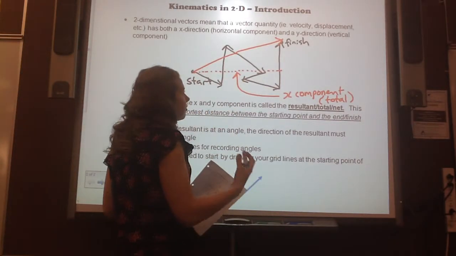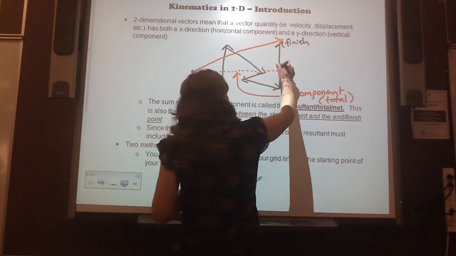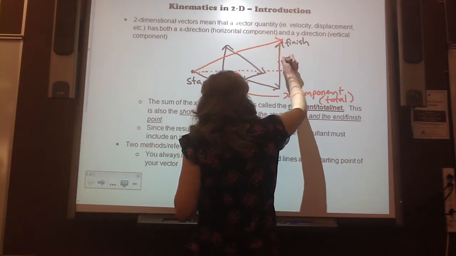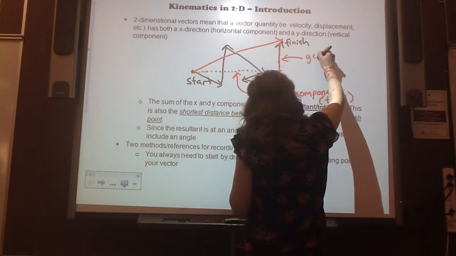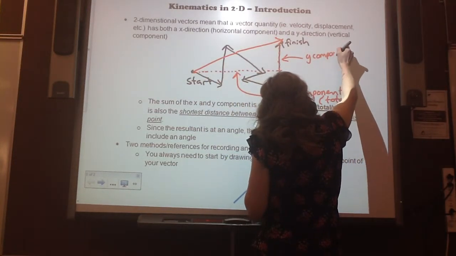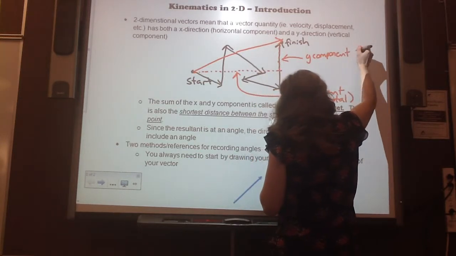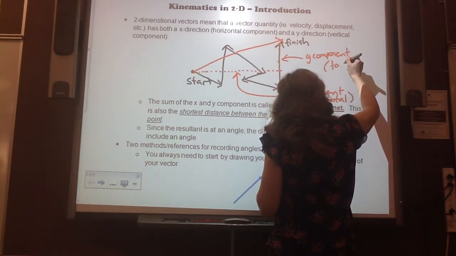And then we do the same for how far north you went. So the dotted line going up is my y component. Again, this is my total.